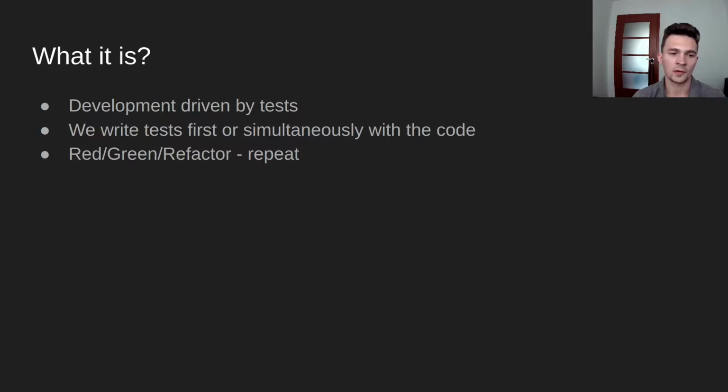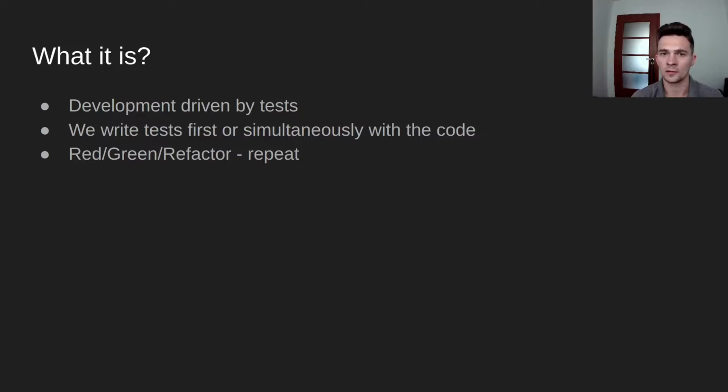And usually we have three phases here: red, green, refactor, and then we repeat them until we are done. Red here refers to the fact that first we write a test, it fails, that's why red.